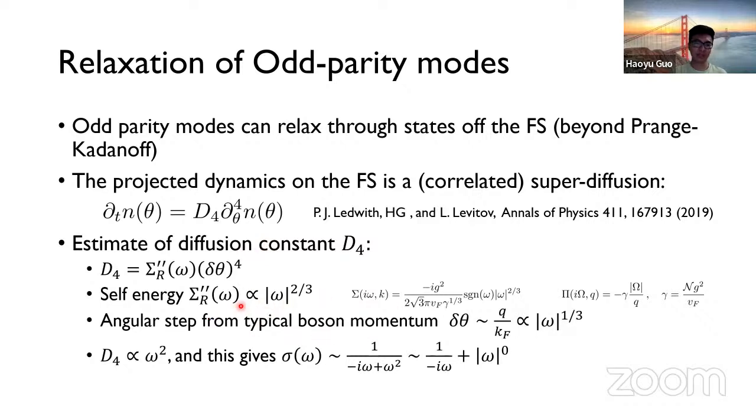For our problem, the scaling of the self-energy is like omega to the 2/3. For the angular step, you can estimate it from the momentum of the boson exchanged during one angular step, so the scaling is omega to the 1/3. Combining all this together, the diffusion coefficient scales as omega squared. Then if you plug this into the conductivity, the correction goes like omega to the zero.